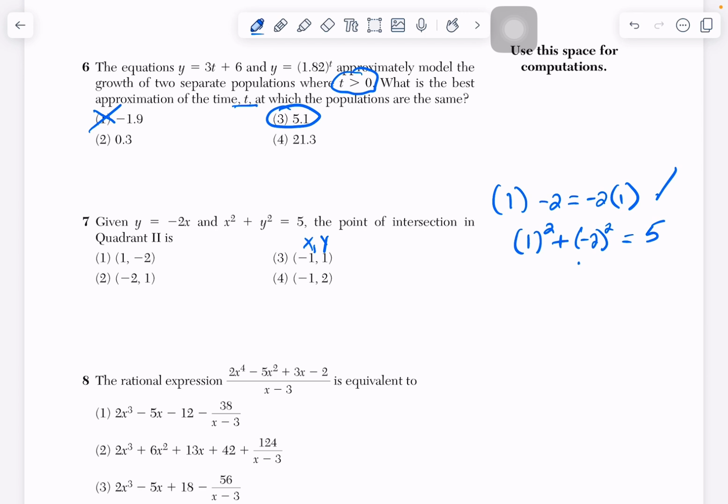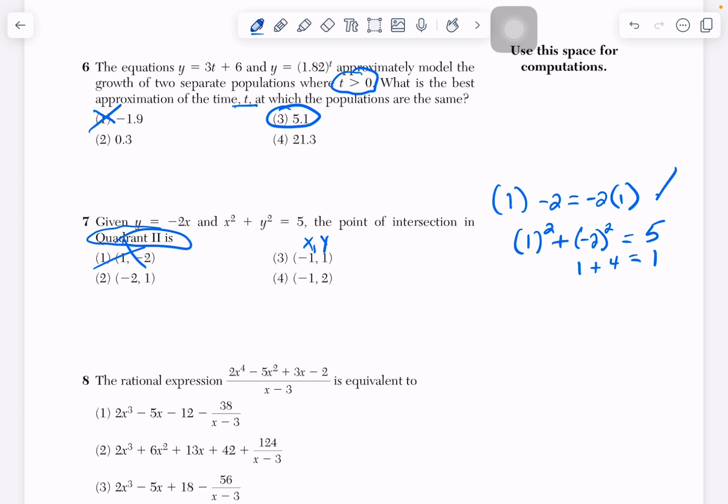Right, this becomes 1 plus 4 is equal to 5. But the problem with this one is it's not in the second quadrant. Okay? So I really didn't even have to do that one. Right, that's not in the second quadrant. It has to be a negative and a positive.